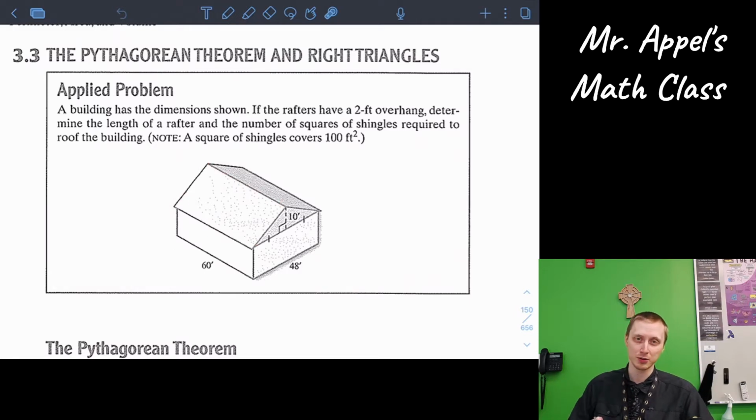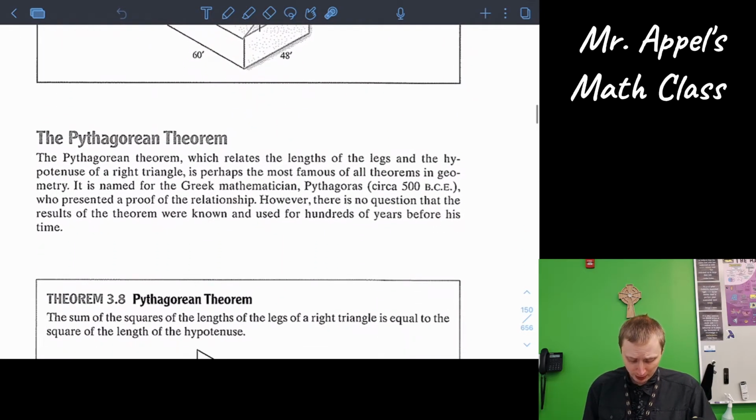That is what we are going to determine today with the Pythagorean Theorem, which relates the lengths of the legs and the hypotenuse of a right triangle, perhaps the most famous of all theorems in geometry. It is named for the Greek mathematician Pythagoras, circa 500 BC, who presented a proof of the relationship.